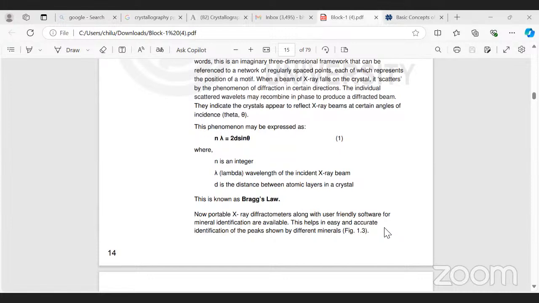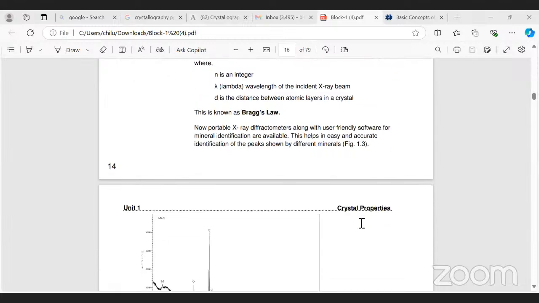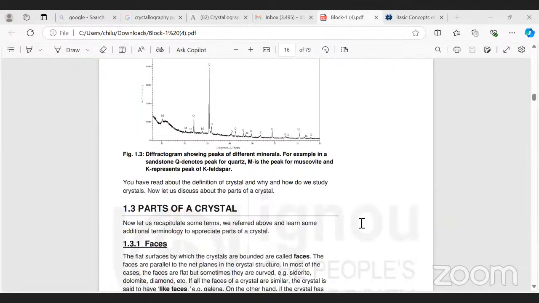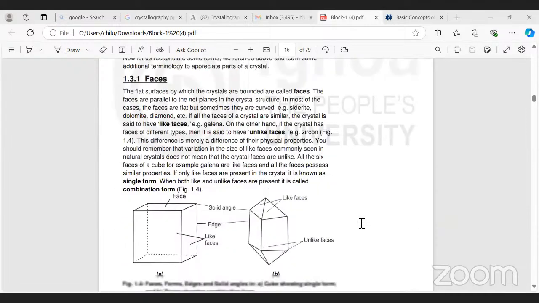Lambda is the wavelength of an incident X-ray beam. The d is known as the distance between the atomic layers in the particular crystal we are going to study. So based on this principle, we study what minerals are there and the arrangement of the crystals in them.